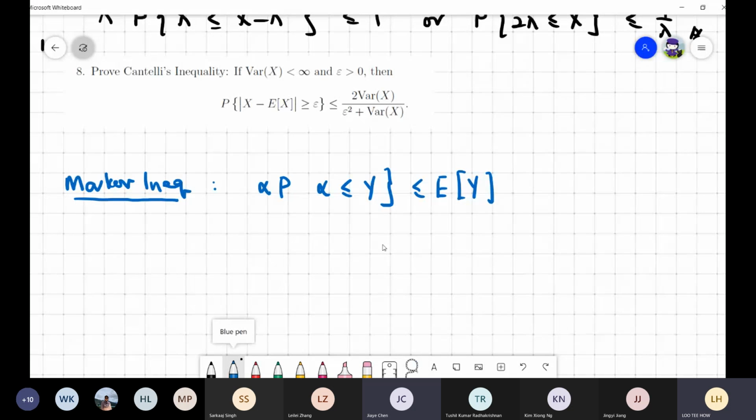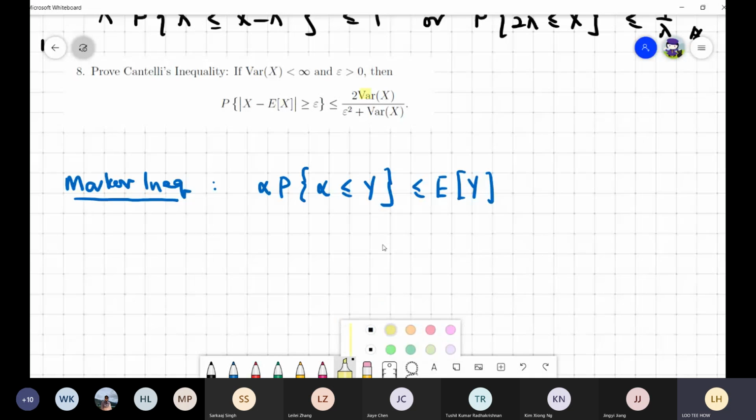So again, this is our Markov inequality. Oh, I think something missing here. So again, you look at our pattern here. So you have x minus ex greater or equals to epsilon. Okay, so this is the case. And again, maybe this is the way you have a variance here, right?